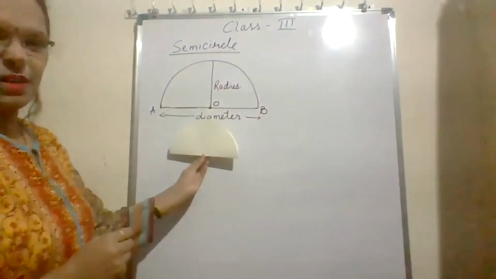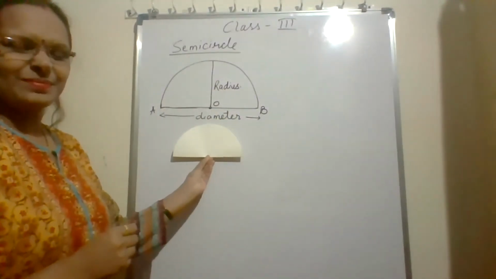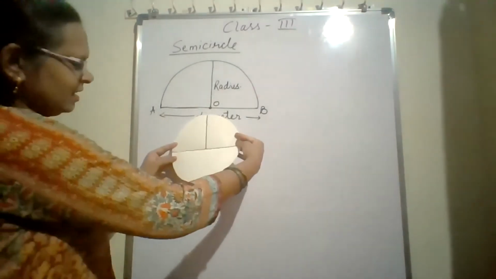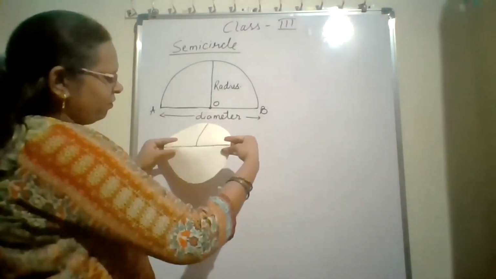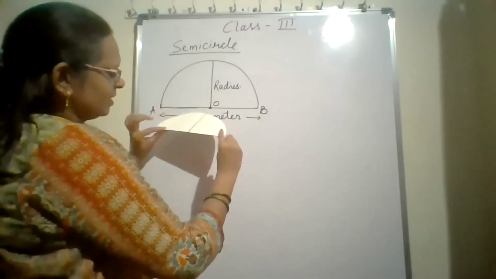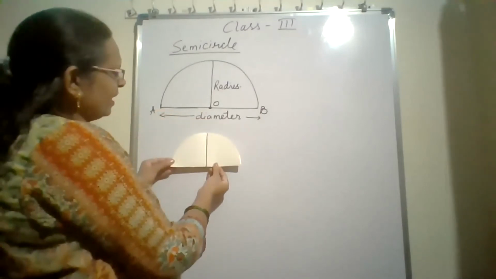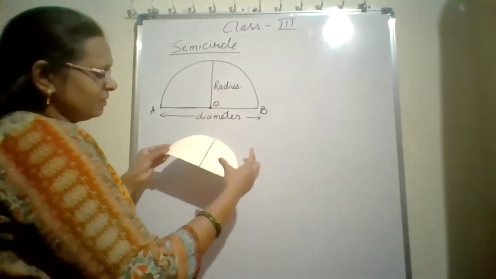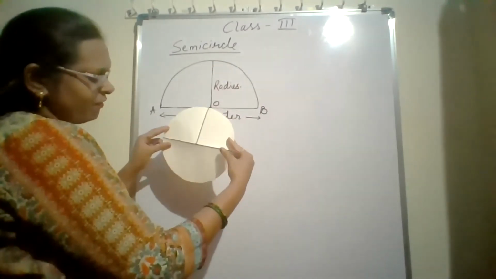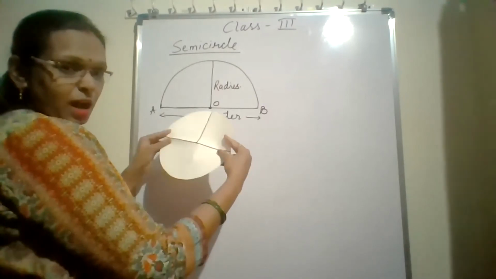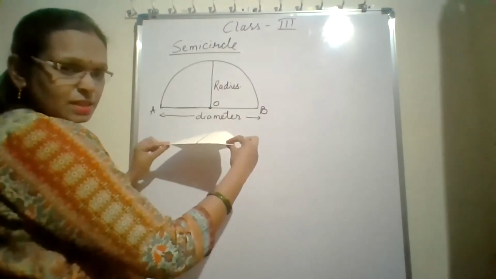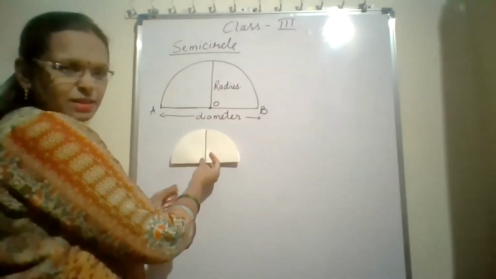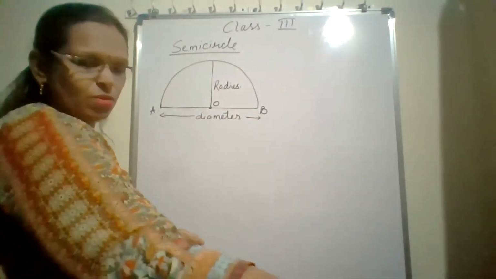See, this is the similar figure, right? So when a circle is folded along its diameter, it becomes a semicircle, meaning half of a circle.